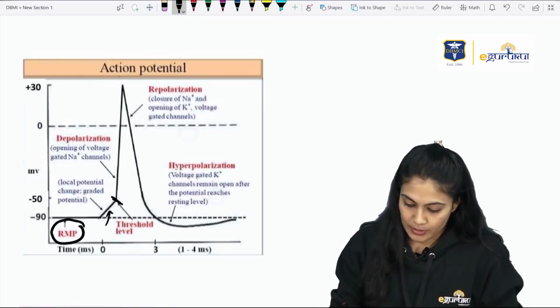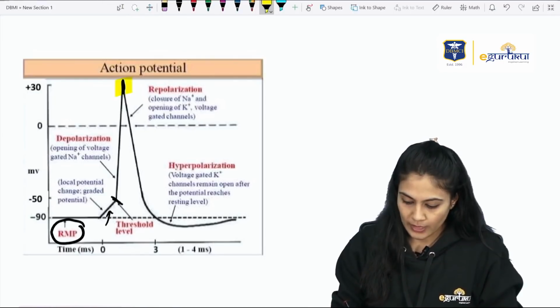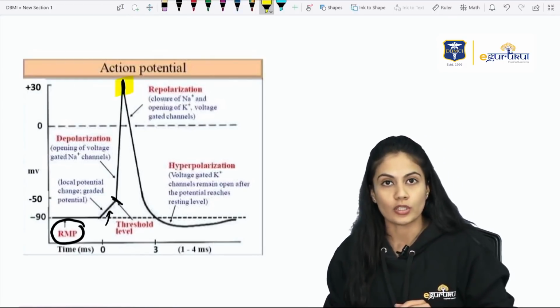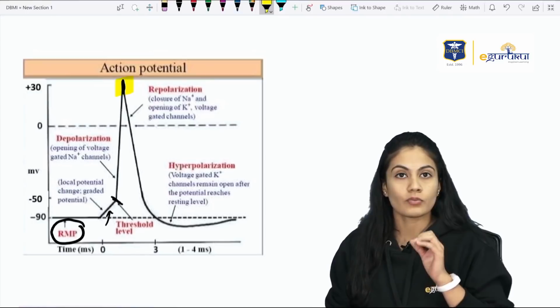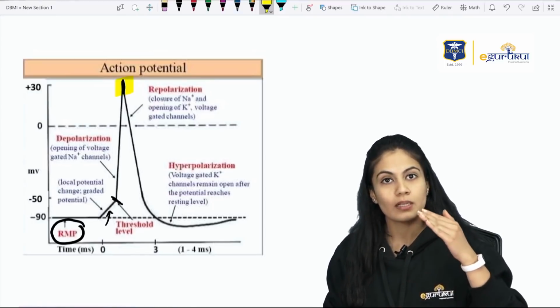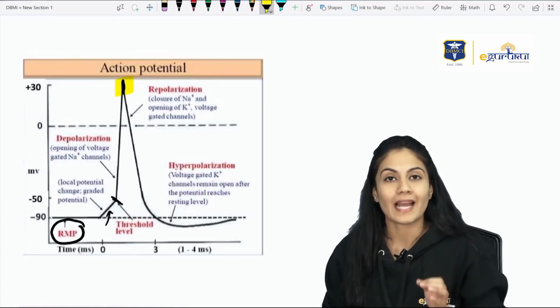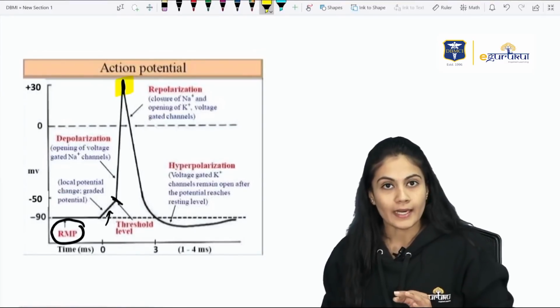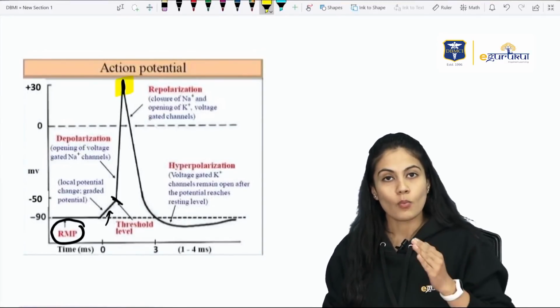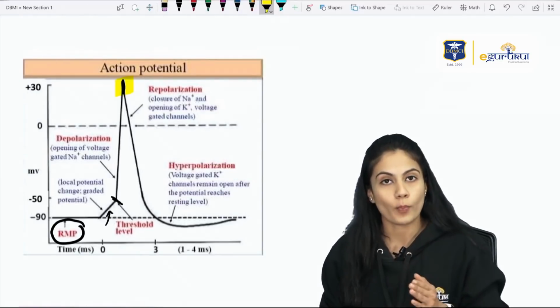What happens at this level? This level is the spike potential. Once we reach the spike potential, the sodium channel will inactivate, because of the closure of the inactivation gate of the sodium. As soon as it closes, the channels of which ions open up?